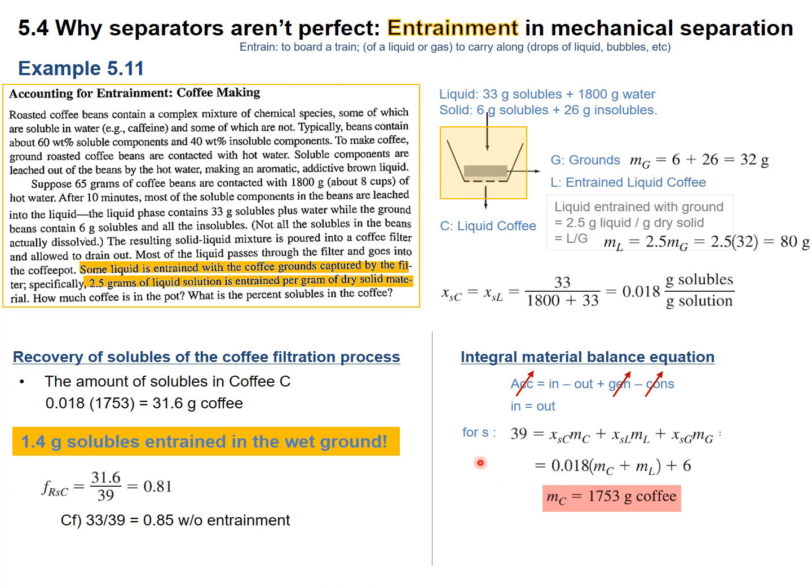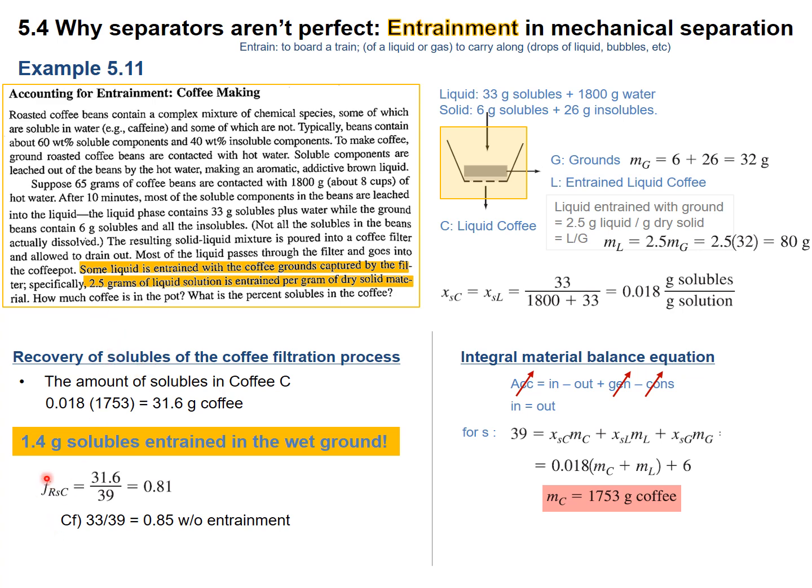And the next thing is the recovery. I'd like to compare the recovery of coffee solubles between with entrainment and without entrainment to investigate the effect of the entrainment on the separation.